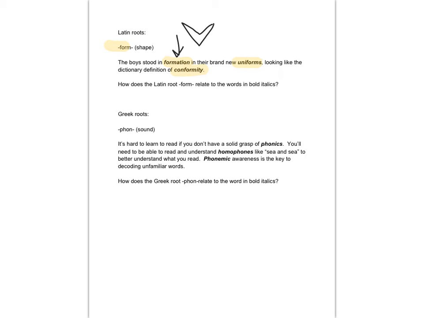So the next word, uniforms. The boys stood in formation in their brand new uniforms. I can break this into 2 parts. I know uni, like in unicycle, unibrow, means 1, the number 1. And if form means shape, it's because these uniforms really have one shape.